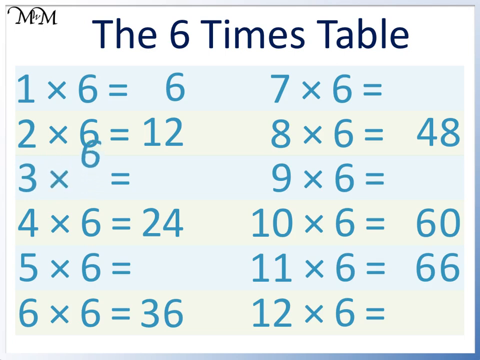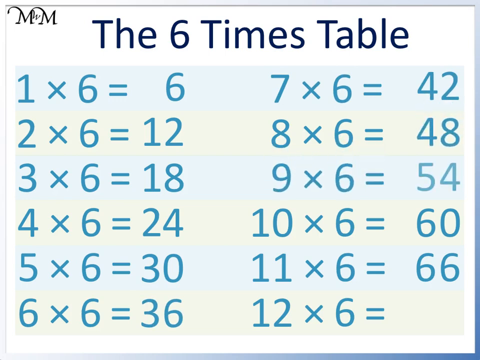3 times 6 equals 12 plus 6 more. 3 times 6 equals 18. 5 times 6 equals 24 plus 6, which equals 30. 7 times 6 equals 36 plus 6, which equals 42. 9 times 6 equals 48 plus 6, which equals 54.